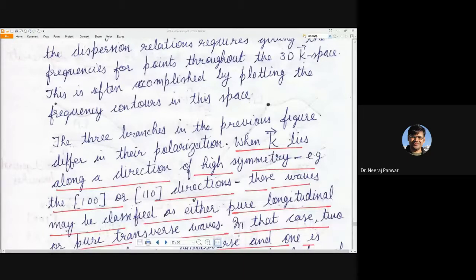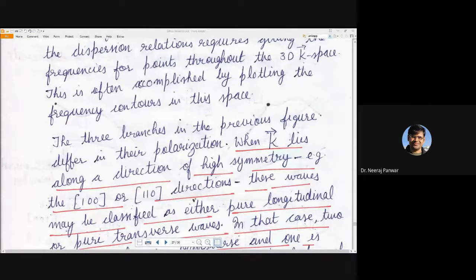What I told you earlier, that in a crystal the waves are a mixture of longitudinal as well as transverse, they are neither purely longitudinal nor purely transverse.